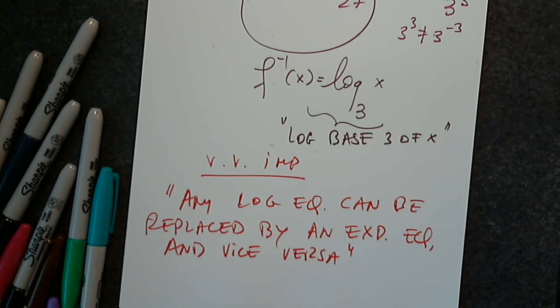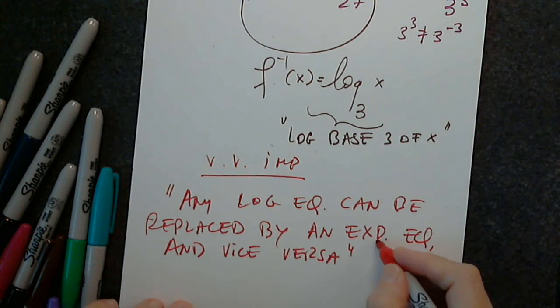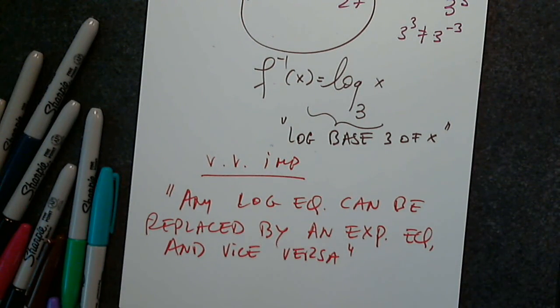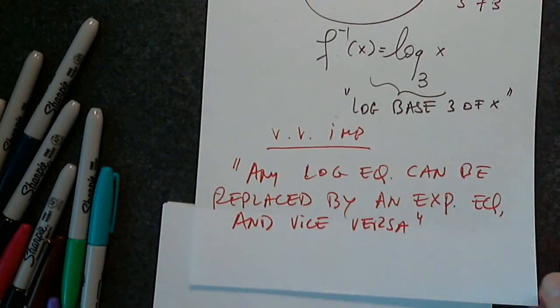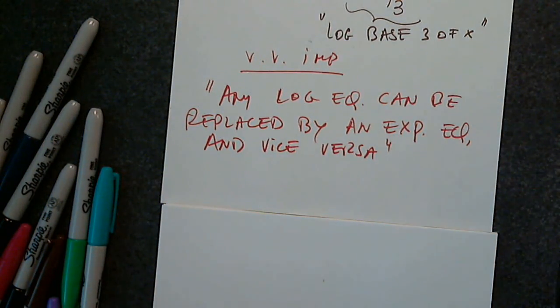This is the most important concept here. Any log equation can be replaced by an exponential one, and any exponential equation can be replaced by a log one. But this is in plain English. So how does this look? How does this sentence look in math? It looks like this.